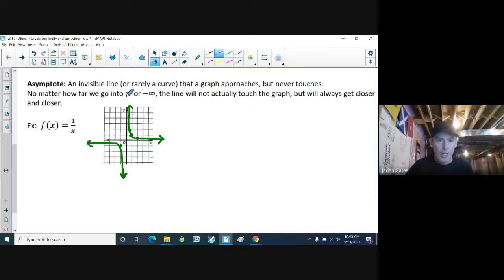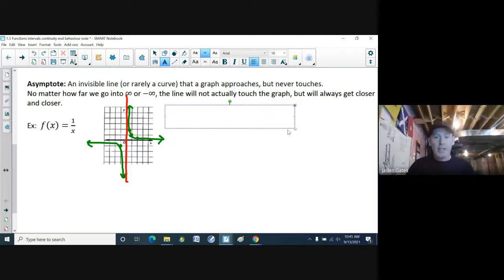The first one is, there is no x value of 0. And so this is an up and down line. It has a vertical asymptote. I'm just going to say VA for short form, VA at x equals 0.